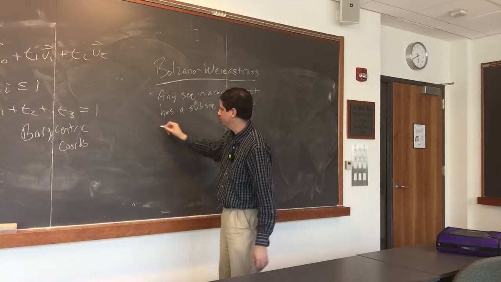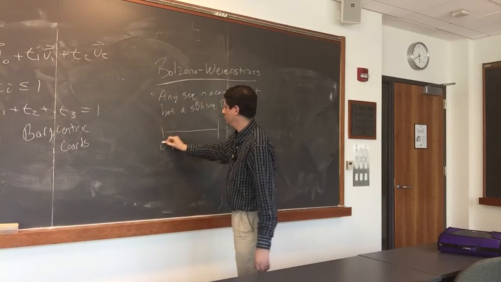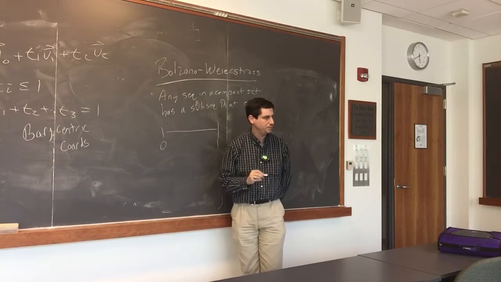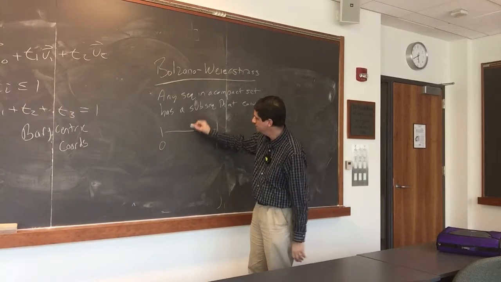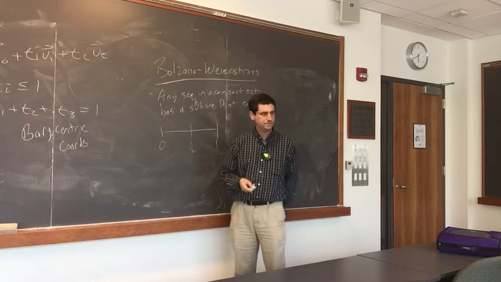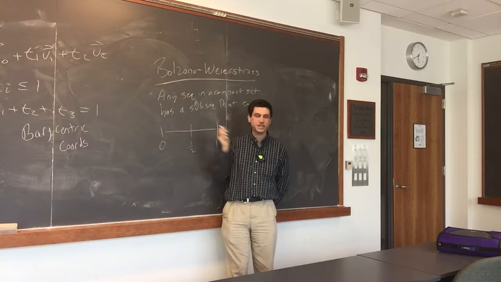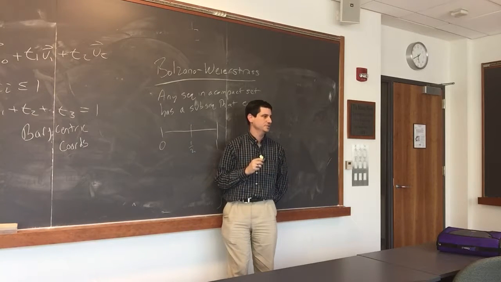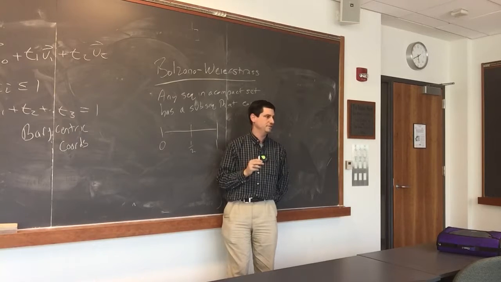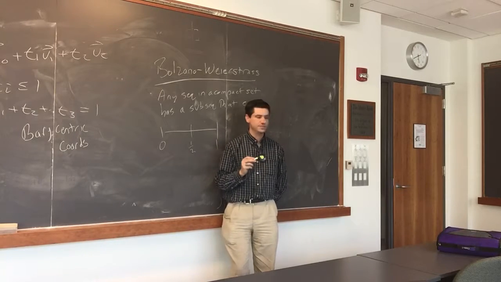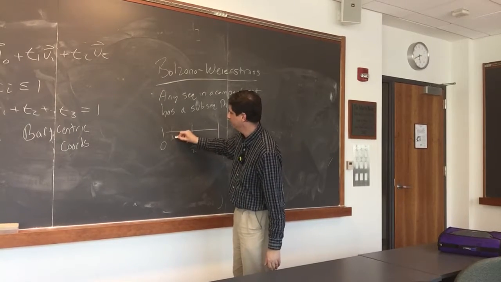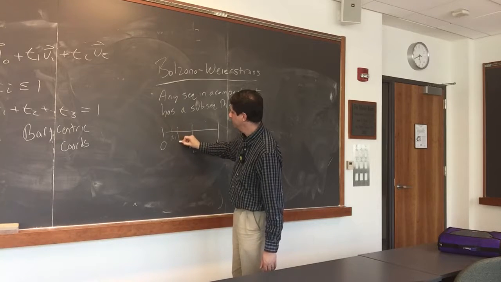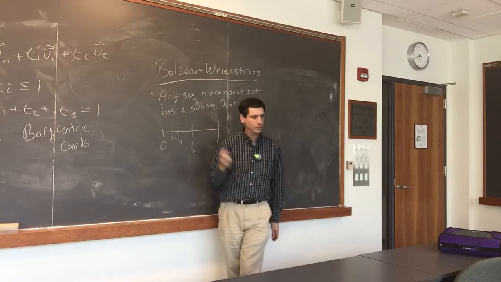So here's the simple proof. Typically we do it on the interval 0, 1. Imagine we have infinitely many points. Divide the interval in half. Then either the first half or the second half has to have infinitely many points. Let's assume it's the first half. Choose any point in the first half and call that A1. Divide this in half, and now we have 2 intervals.